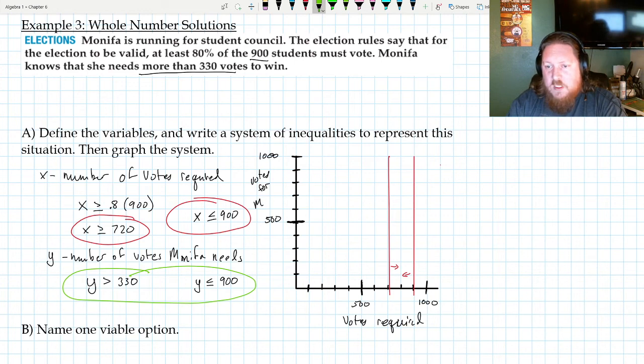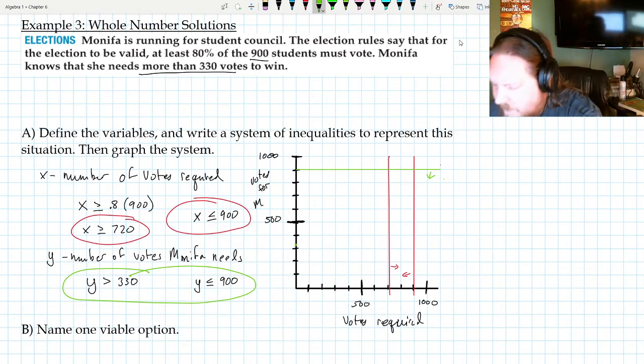Again, she can't have more than 900 votes. So I can draw a nice horizontal line right at 900. That's going to be the top there. And we're going to be talking about everything shaded below that. And for y is greater than 330, I go ahead and find 330: 100, 200, 300, 330 is just a little bit above.